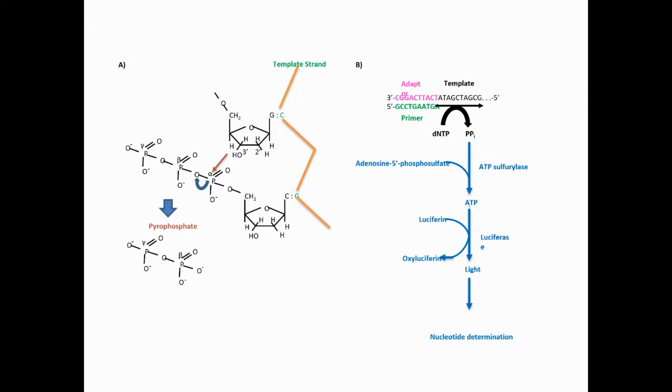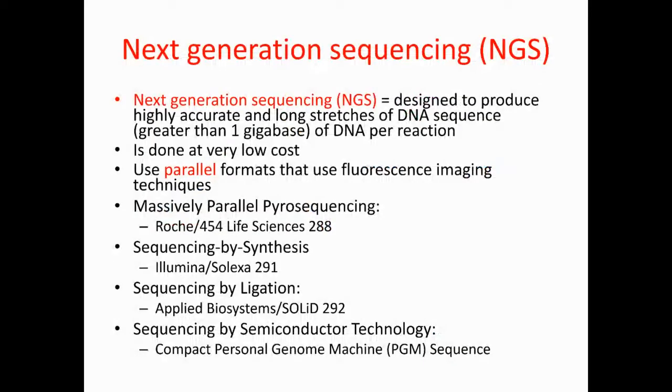Then this energy will push the luciferin to convert to oxyluciferin in the presence of luciferase, and give you the signal. This energy provides the luciferase the ability to turn luciferin into oxyluciferin, giving you the light, so that you know a specific nucleotide is added. So that's the principle of pyrosequencing.